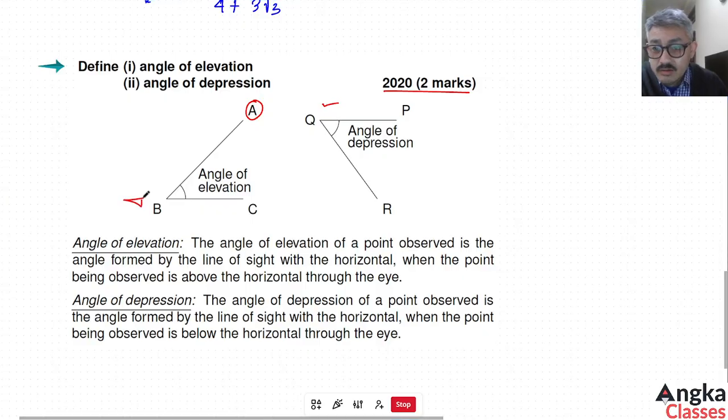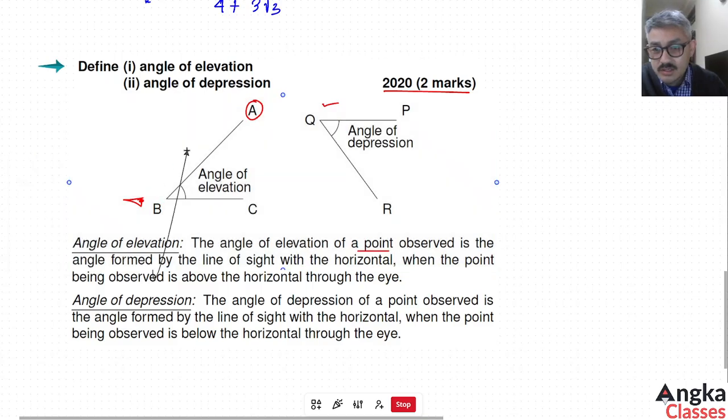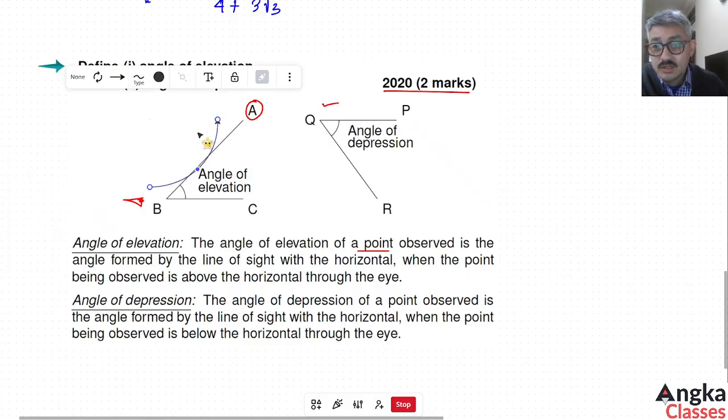This is the observer's angle, the angle of elevation. The angle of elevation of a point C observed is the angle formed by the line of sight.